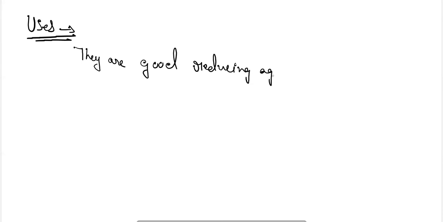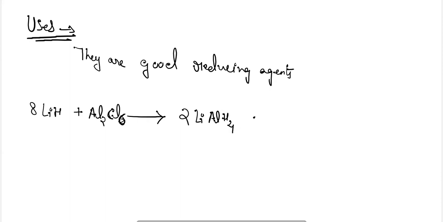First, ionic hydrides are used as good reducing agents. For example, lithium hydride combined with aluminium chloride, Al2Cl6, forms lithium aluminium hydride with lithium chloride, and this lithium aluminium hydride is a good reducing agent.